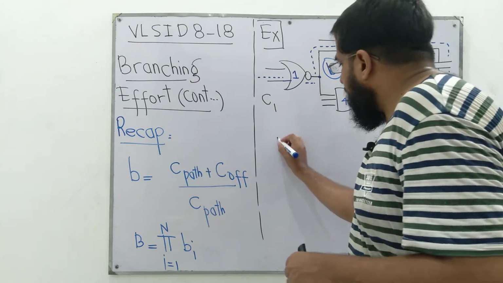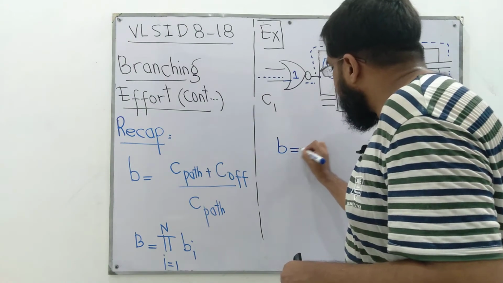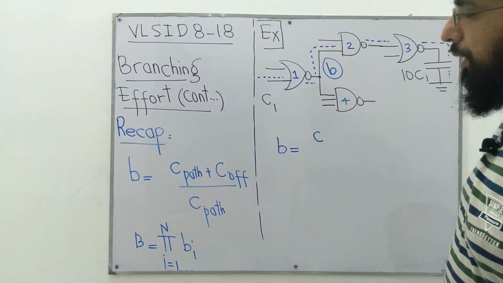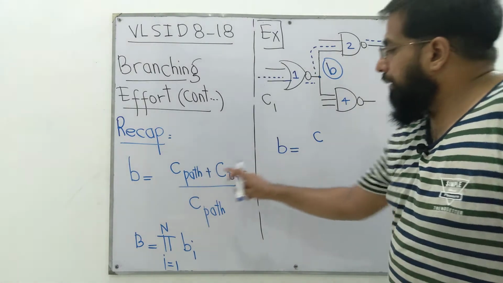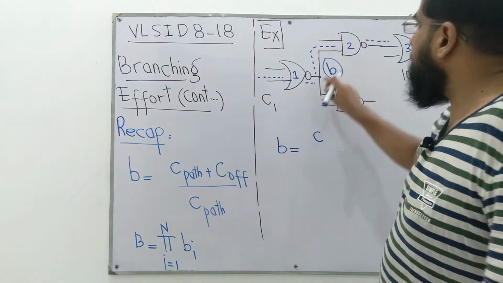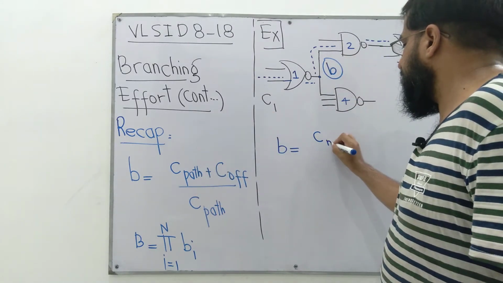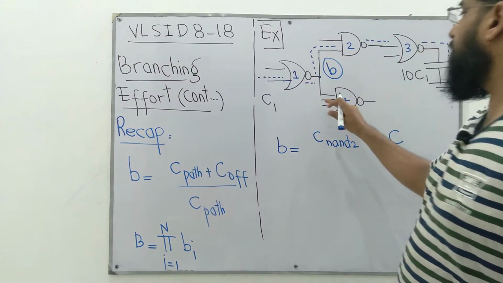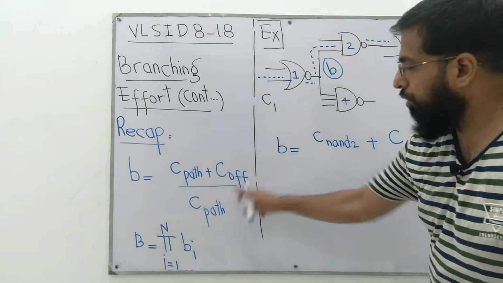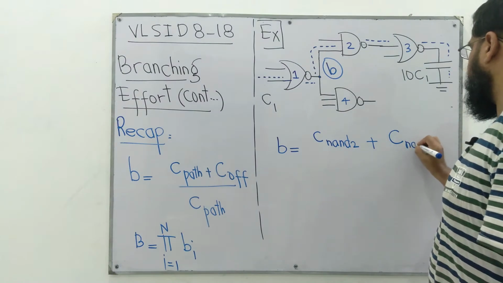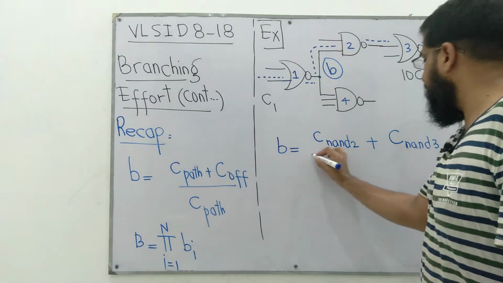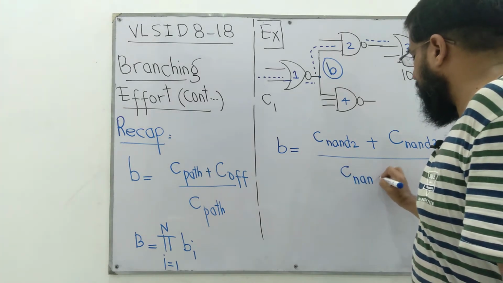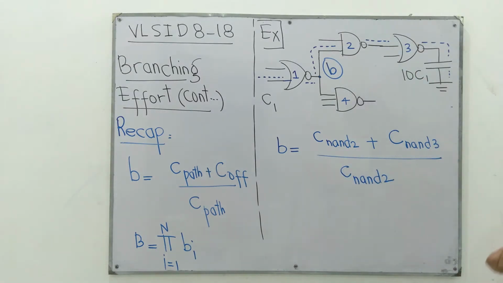So the branching effort at this node is computed, according to the formula we studied in the last lecture, as the input capacitance of the gate that is in the path, this is NAND 2, so C of NAND 2, plus C of the gate that is off path, this is C of NAND 3, divided by the input capacitance of the gate that is in the path.